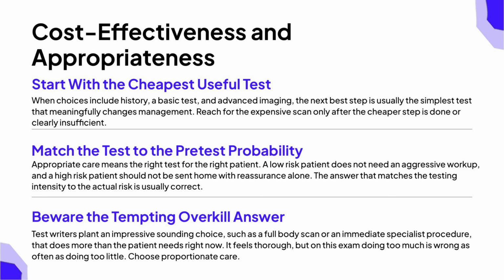Second, match the test to the pre-test probability. A low-risk patient does not need an aggressive workup, and a high-risk patient should not be sent home. Third, beware the tempting overkill answer. The writers love to plant an impressive-sounding option that does far more than this patient needs. On this exam, doing too much is wrong just as often as doing too little.